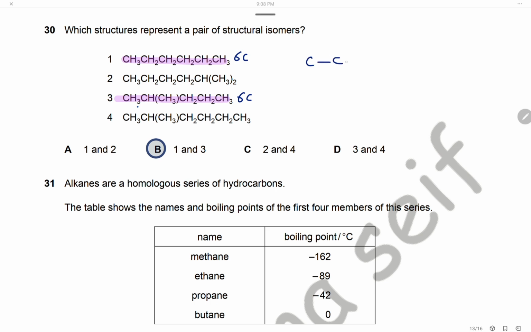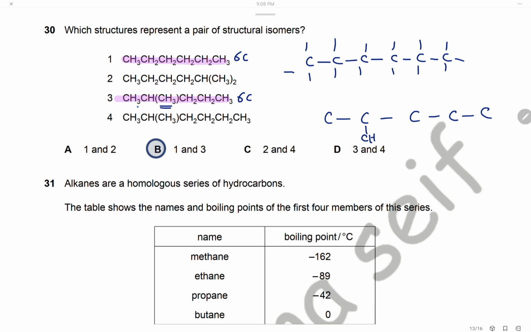Compound 1 is a straight chain hydrocarbon containing 6 carbons, and compound 3 has 1, 2, 3, 4, 5 carbons in the chain with a methyl group on carbon number 2. So 1 and 3 are isomers of each other because they have the same number of carbons but different structures.